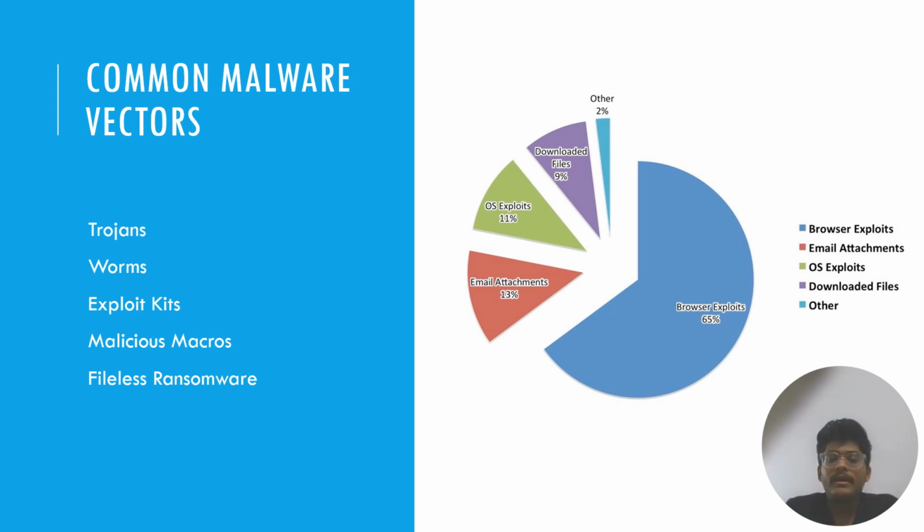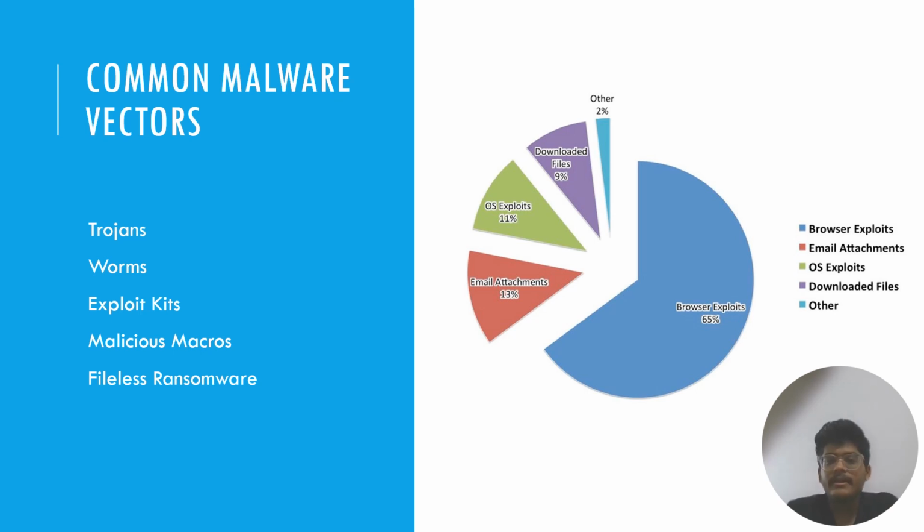Now let's see some common malware vectors. So how does a malware reach into a user system? It can be done through trojans, worms, exploit kits, malicious macros, or fileless ransomwares. Trojans and worms are basically malwares where a software is sent to the user which they download on the system, and in the backend it has malicious software which will corrupt their system.